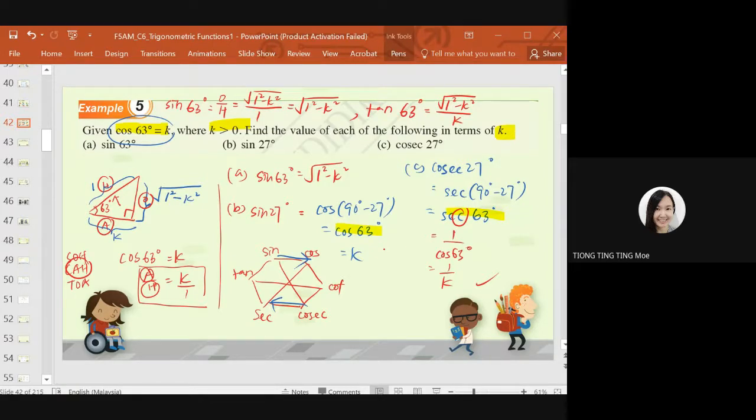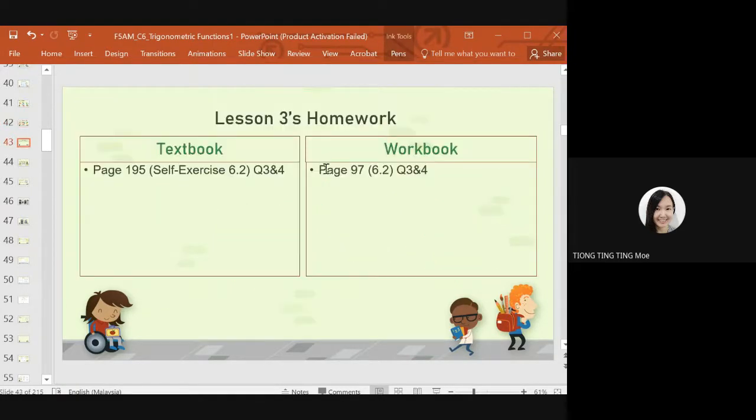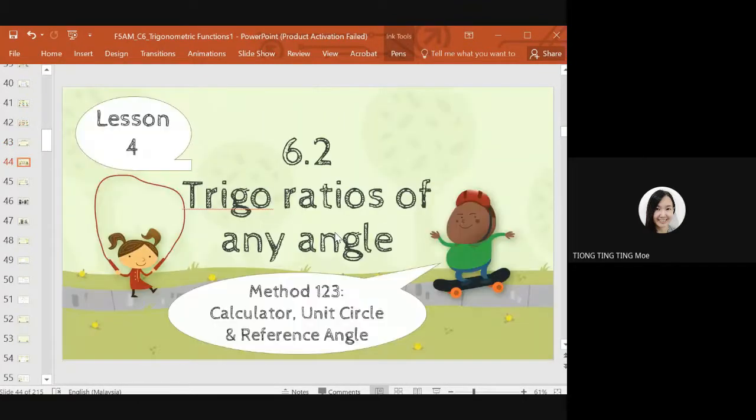Okay, so this is the homework today, but we don't end yet, because the next lesson will have a lot of content. So I want to introduce the first part for the next lesson first. Next lesson, we will learn about the trigonometry ratios. 1 over k, later you refer to the notes.